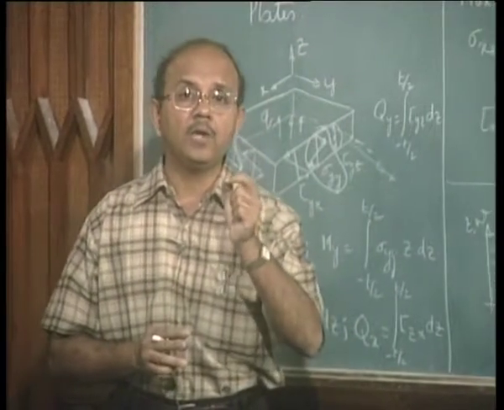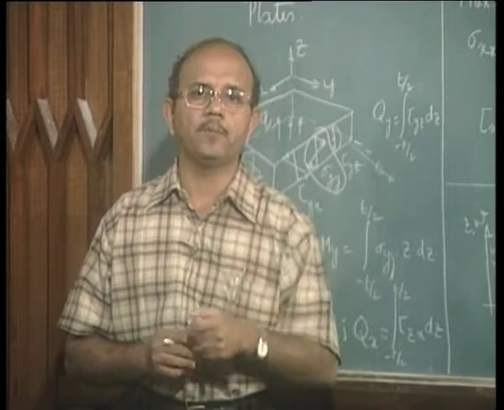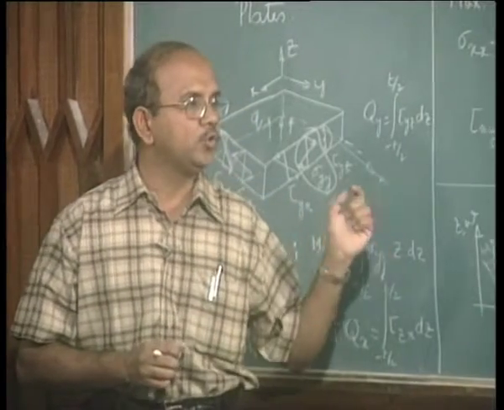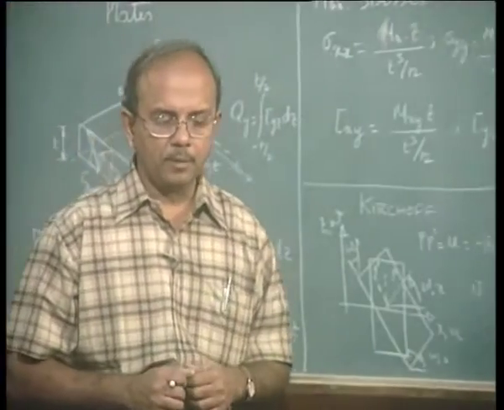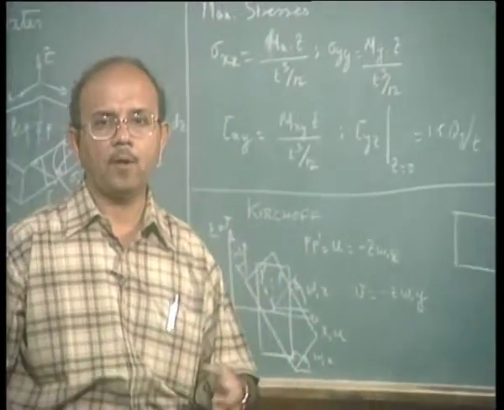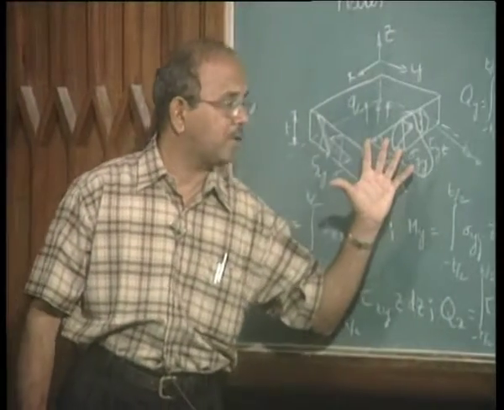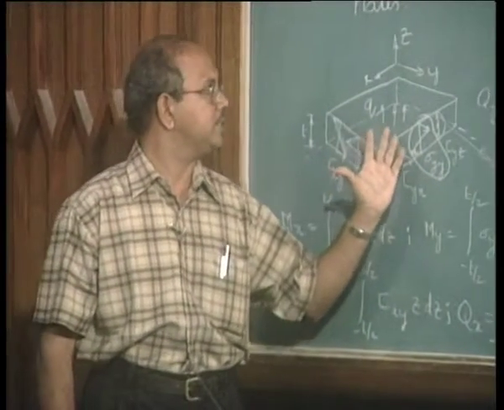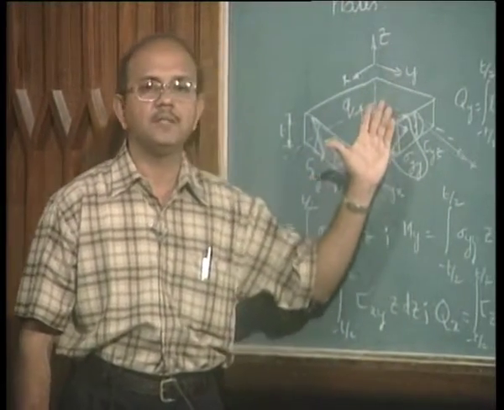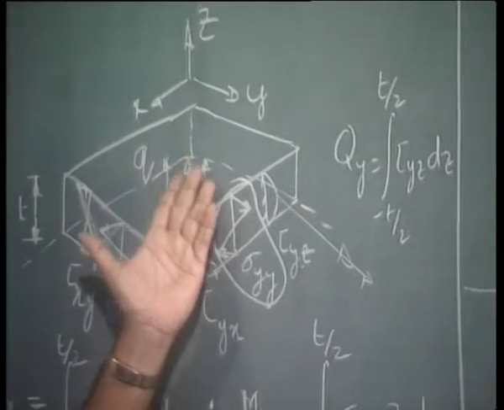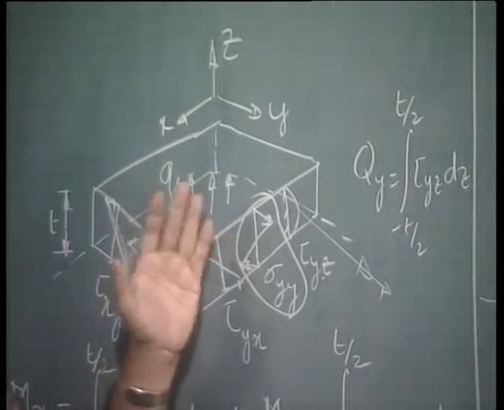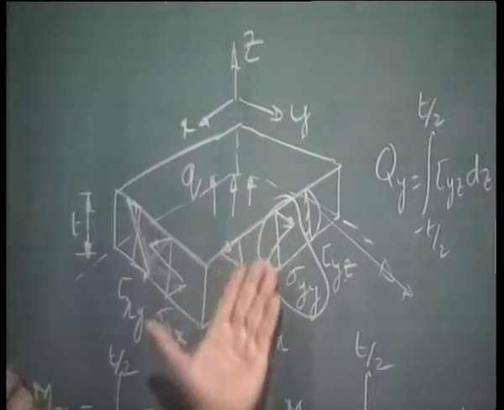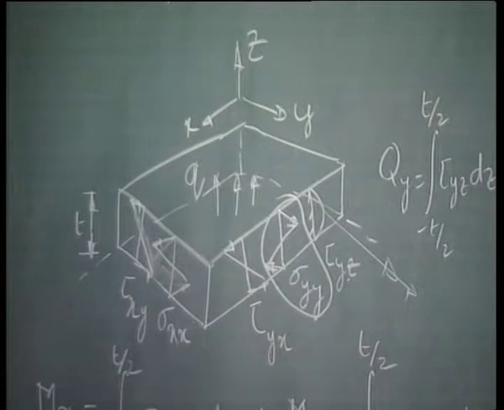But we have one more important problem which creeps up when you use a solid element in the case of a plate element. What is the problem? The problem comes from the fact that epsilon zz, or sigma zz, is equal to 0 in plate elements. In other words, the plate is supposed to be very stiff in the z direction.